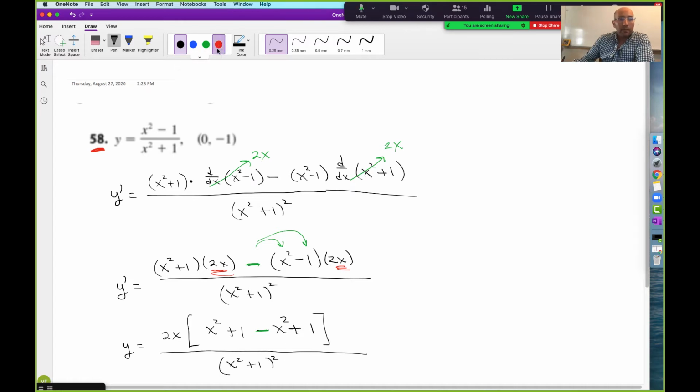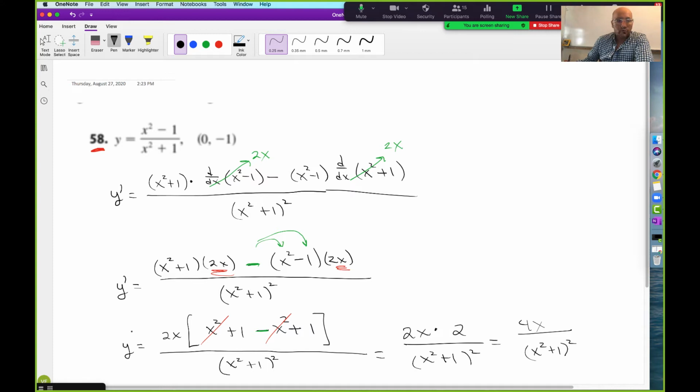Okay, luckily these guys cancel. X squared minus x squared cancel, and then 1 plus 1 becomes 2. So this is just going to become 2x times 2 all over x squared plus 1 squared, or 4x over x squared plus 1 squared.